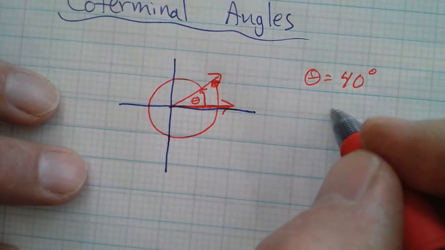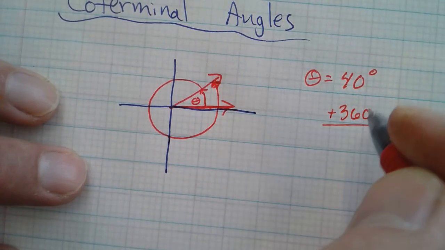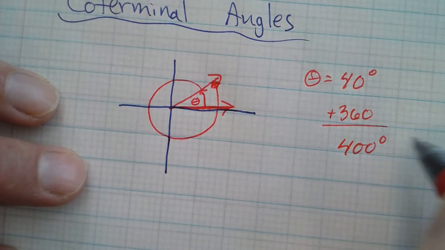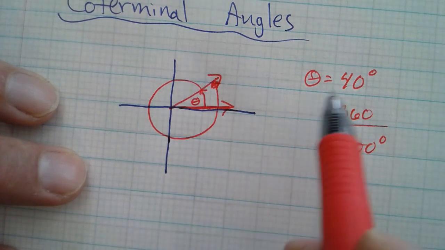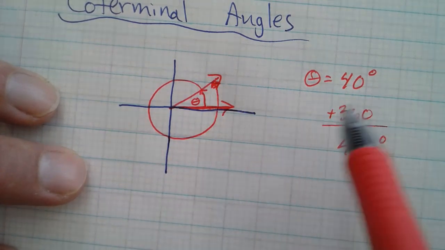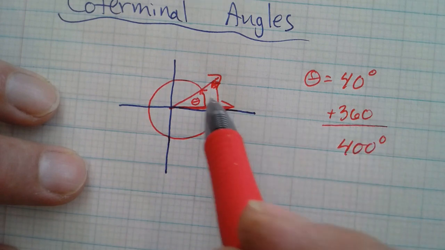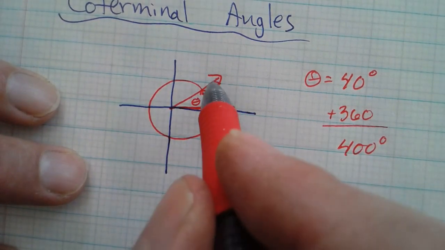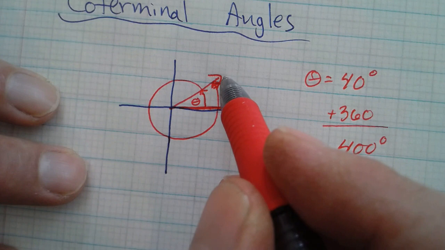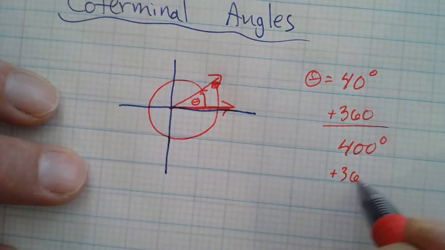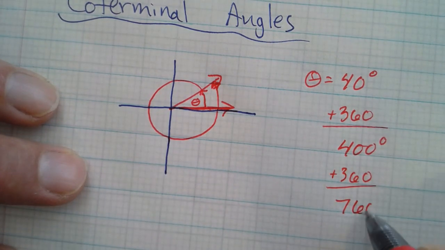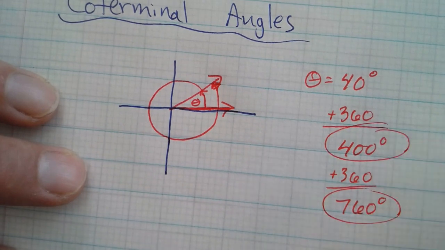So if I added 360 to that, I would get 400 degrees. So 400 would be coterminal with 40 degrees. All you have to do is add 360 degrees because we're adding one revolution. We could add another revolution and add another 360, and 760 degrees would be coterminal also.